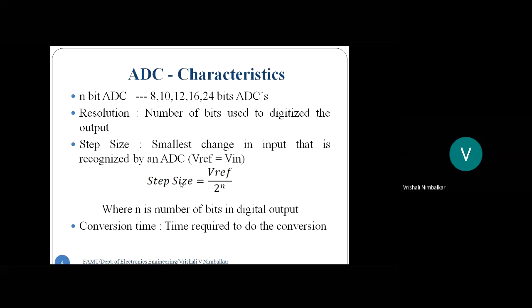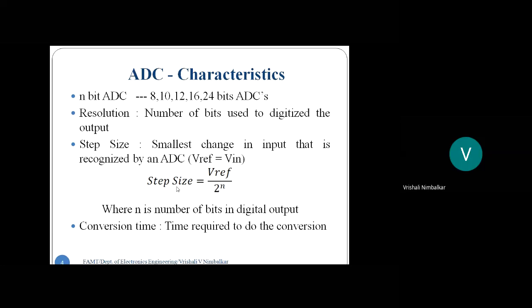I will not get the exact analog signal back because of that step size. Is that okay? We cannot retrieve the exact and accurate analog signal. Smaller the step size, more accurate is the conversion back. So this step size also decides the accuracy of the ADC.